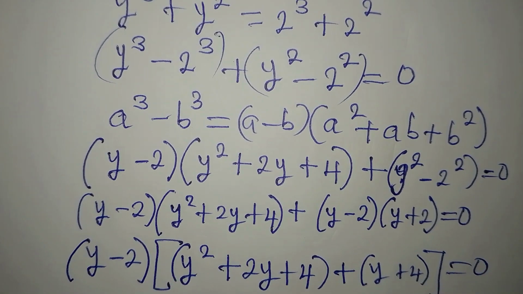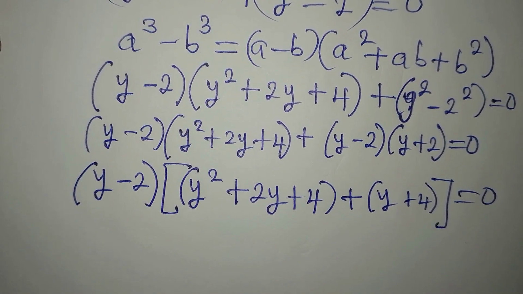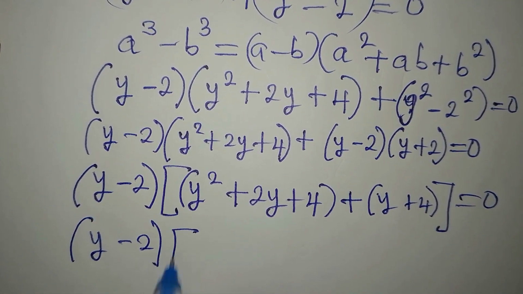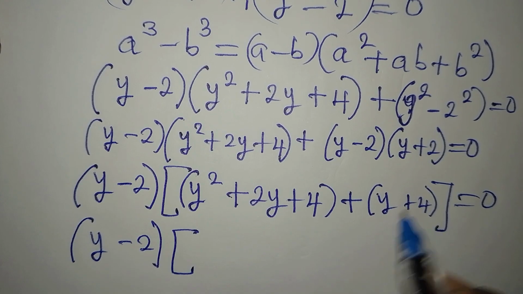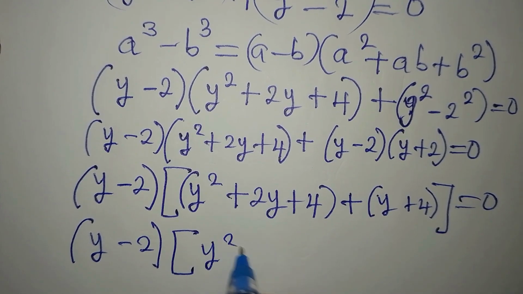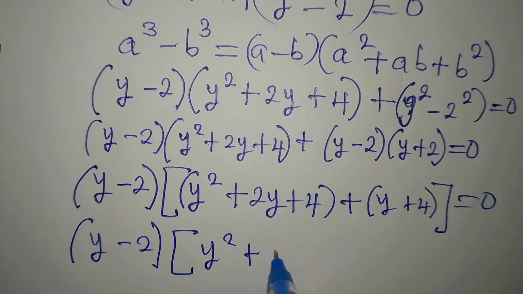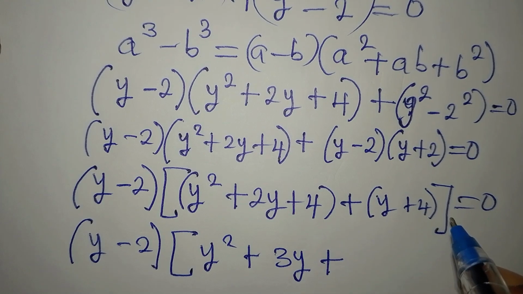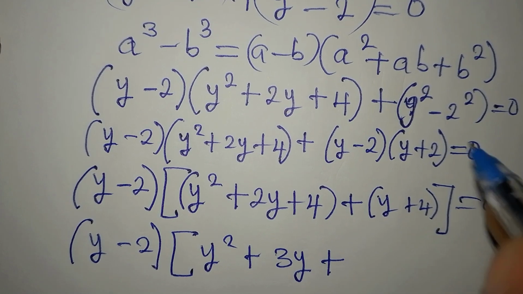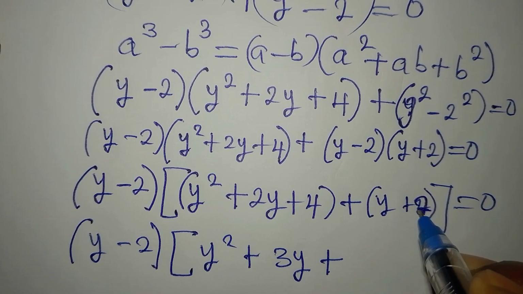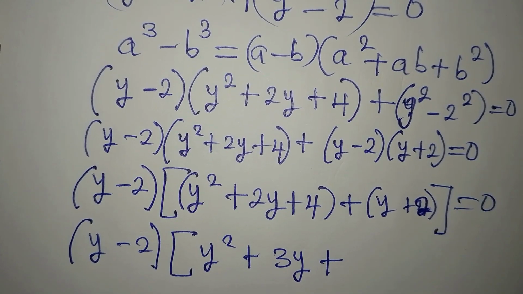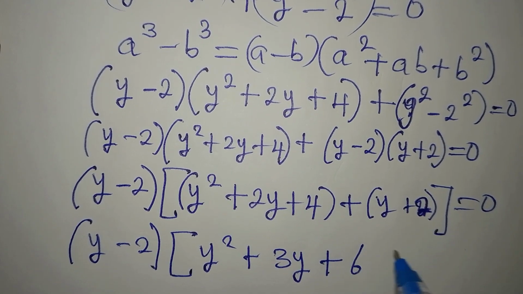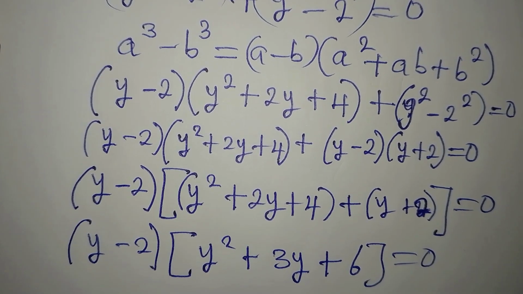Then we equate to 0. Now, y minus 2 is the common factor. Then here now, we open this bracket and add this. So we have y squared plus 2y plus y, that would be 3y. Then plus 4 plus 2. It is this 2 that comes there. So 4 plus 2, that will give 6. Then we equate to 0.